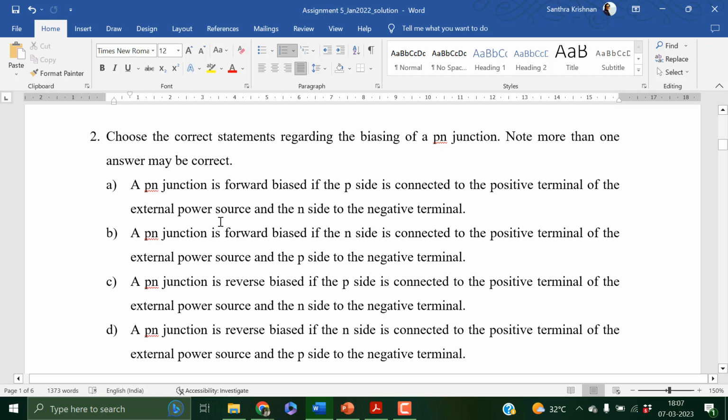Okay. So next is a very direct question. Choose the correct statements regarding the biasing of a PN junction. More than one answer might be correct. Out of these four options, you have to select the right answer based on conditions for a PN junction. So what will be the answer?